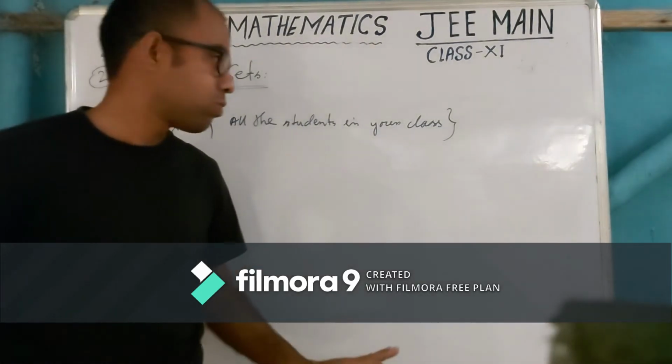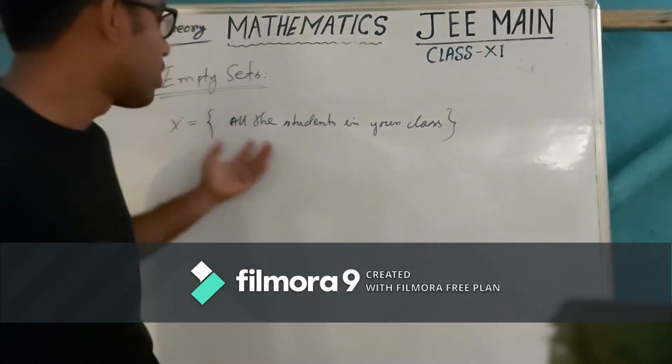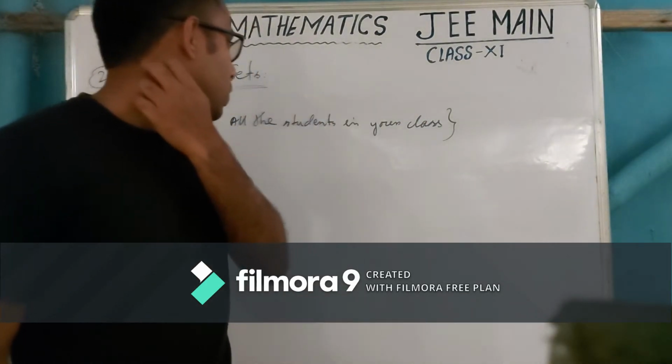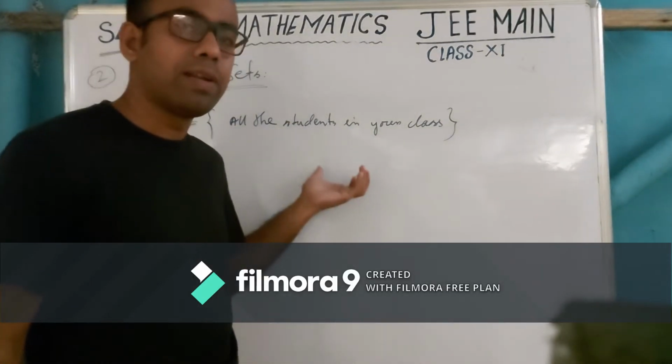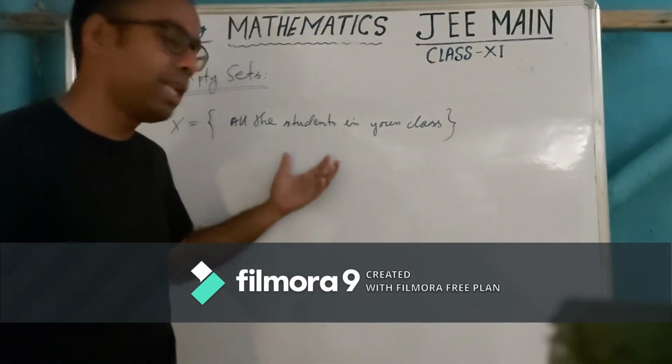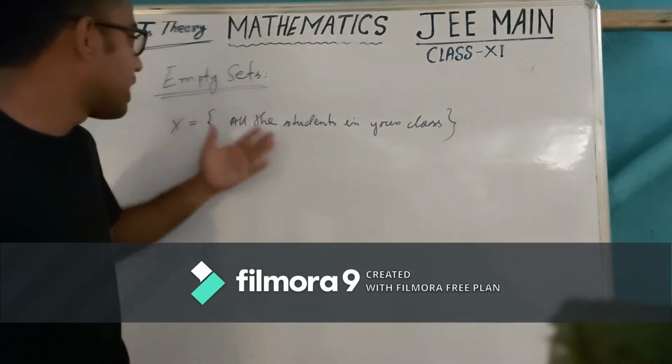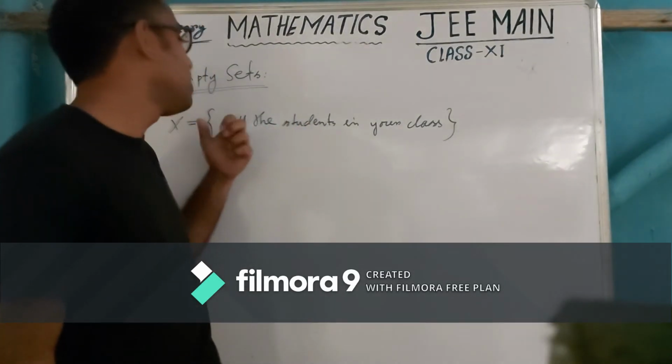First we go to the school and then enter the room, we count all the students. So here you see that this set contains elements. That means this set is not an empty set.